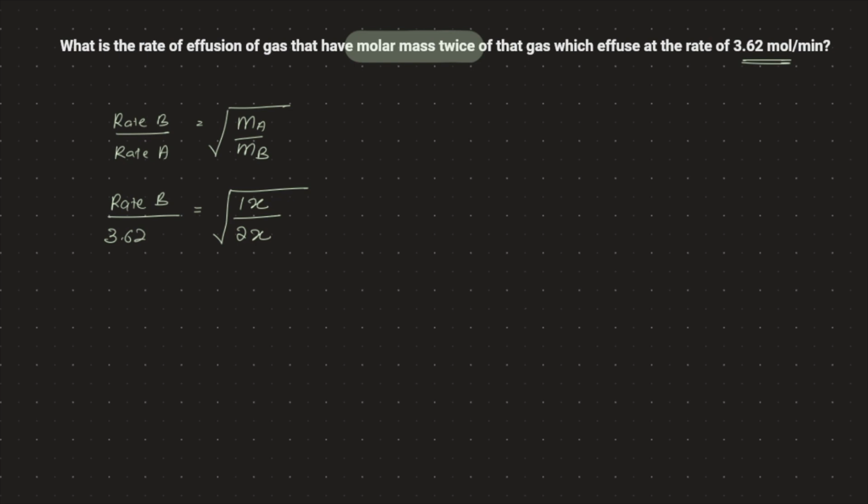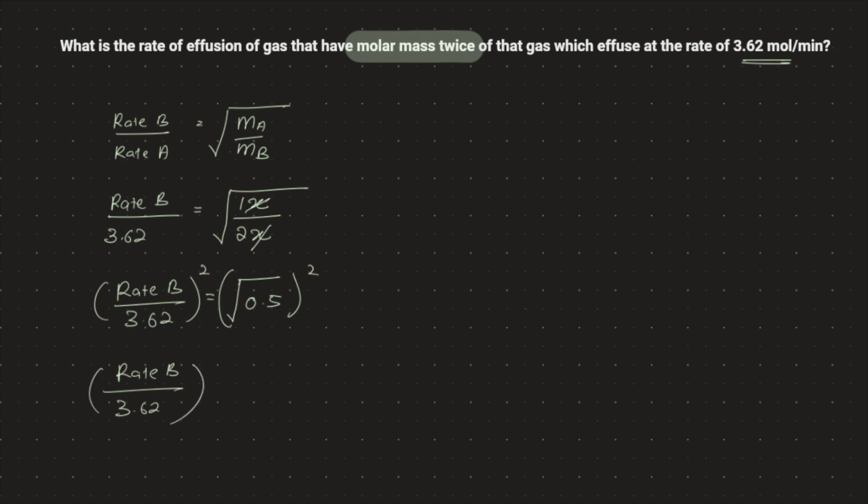So from here we can cancel this out, so you will get rate B over 3.62 is equivalent to square root of 0.5. Therefore, we are going to raise to the power of 2 for both sides. So you will get rate B over 3.62 to the power of 2 is equivalent to 0.5.